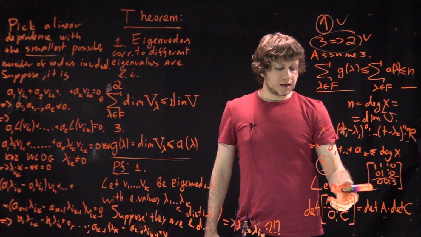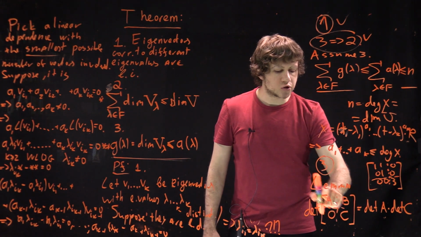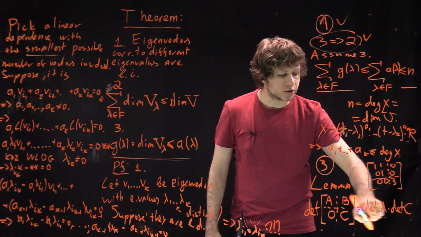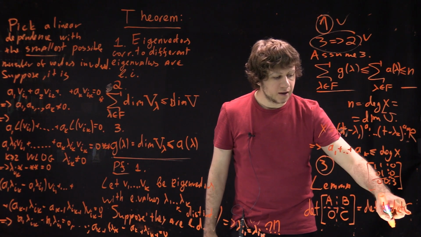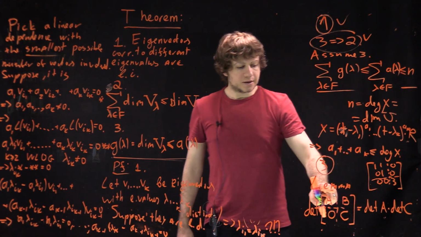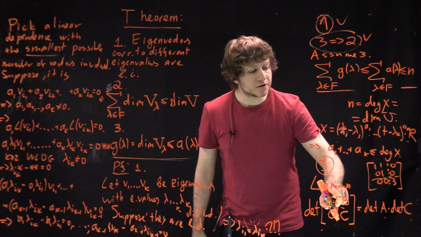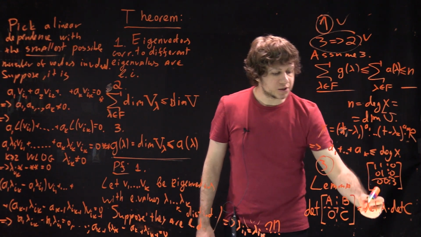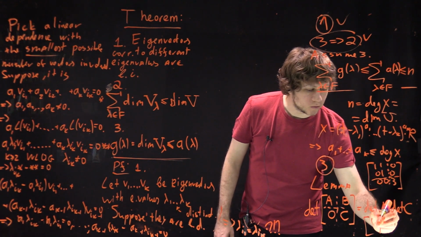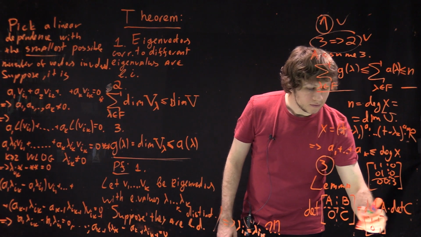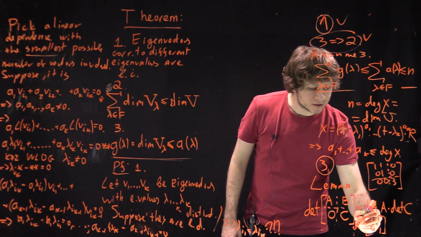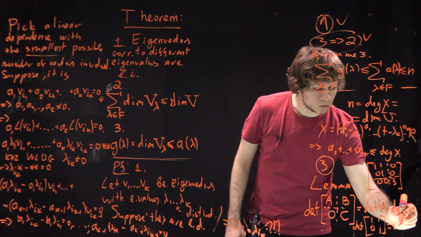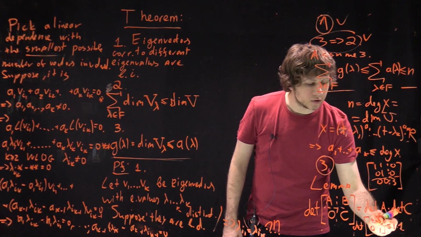Then the statement is that the determinant of such a matrix is just the product of two determinants, the determinant of A and the determinant of C. Interestingly, what stays in B here is not important at all. Another example is that if you take the matrix 1, 1, 1, 0, the theorem implies that the determinant is equal to 1 times 1, and the same whatever number you put here.